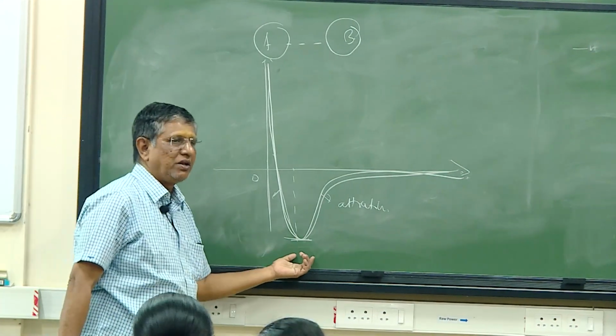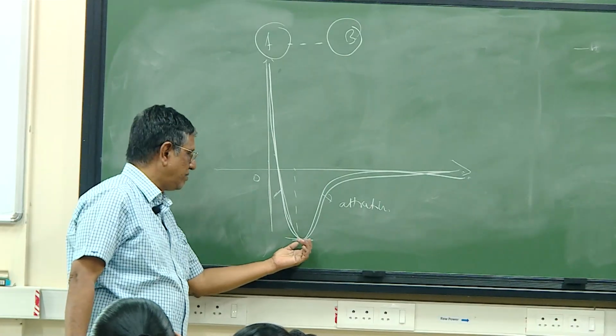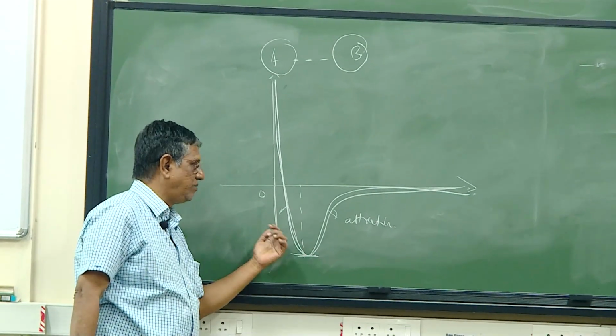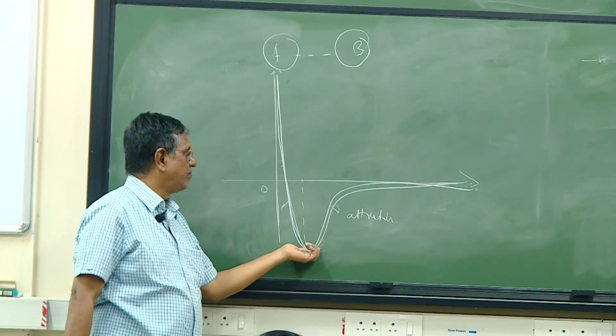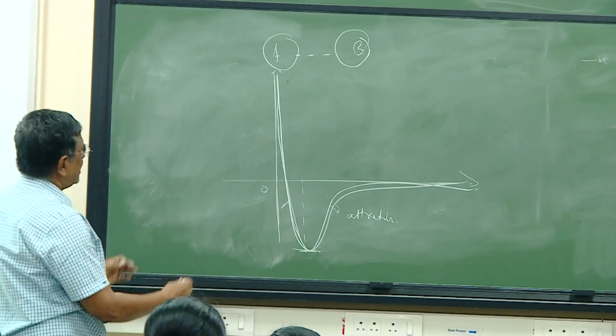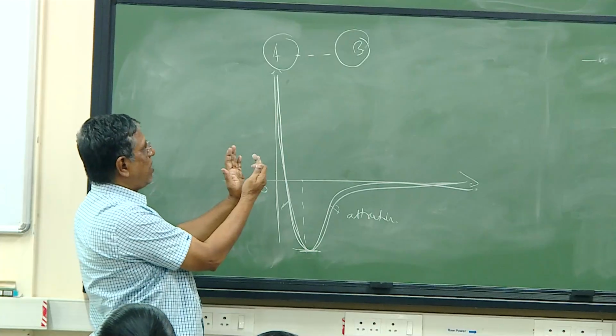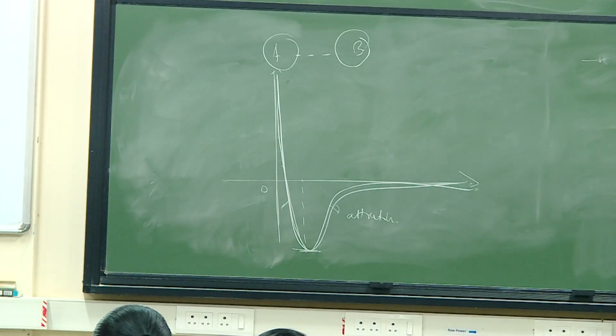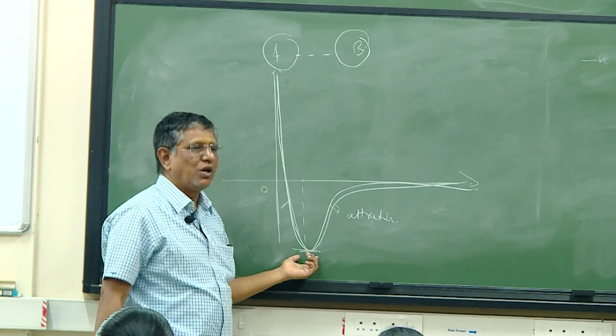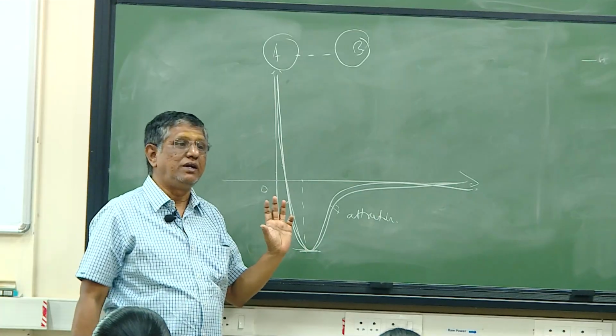It crosses 0 and it is negative here. This is the minimum on the potential energy surface. Since when the distance is small it should repel immediately, it is modeled by r to the power 12, while the attraction portion is modeled by r to the power 6, that is the induced dipole.